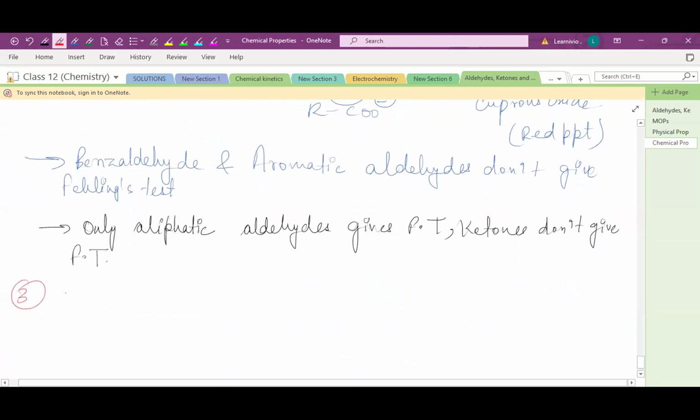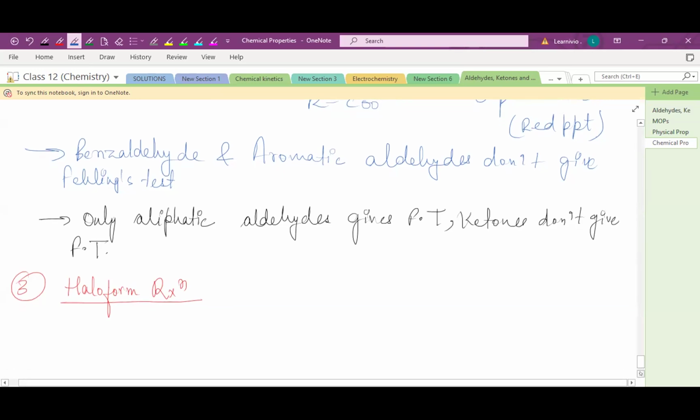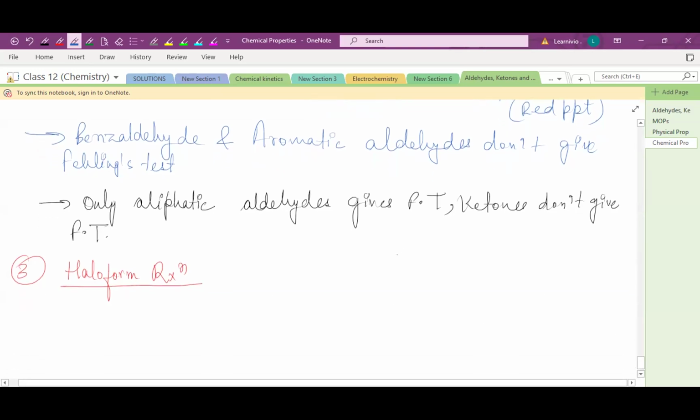Okay, so the next test is your haloform test. In the haloform reaction, we will basically discuss the iodoform reaction, right? Haloform is CHX3.